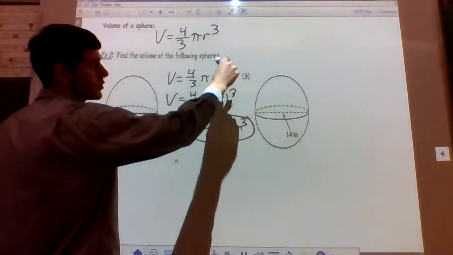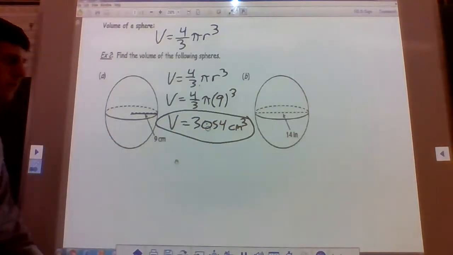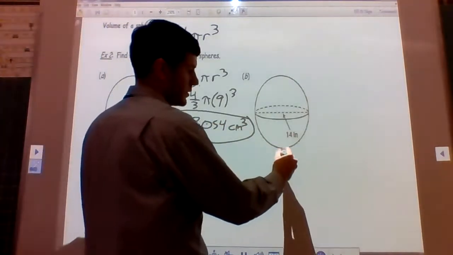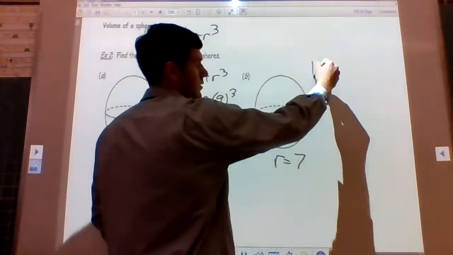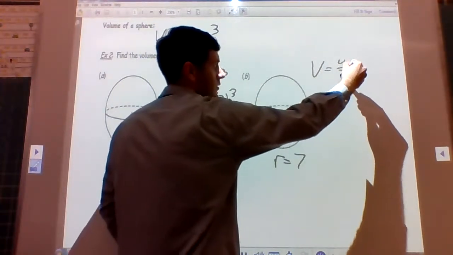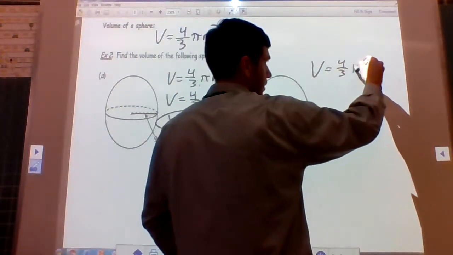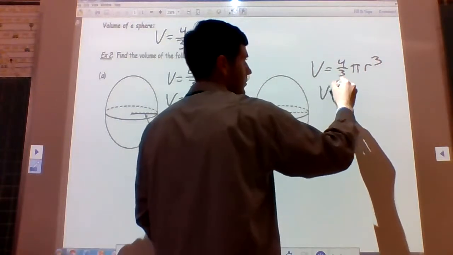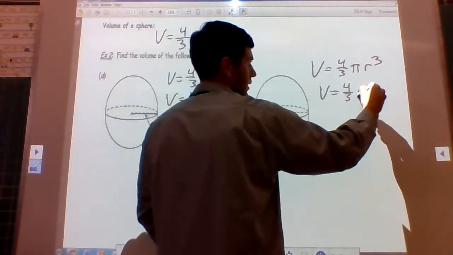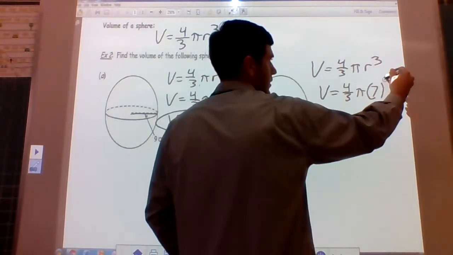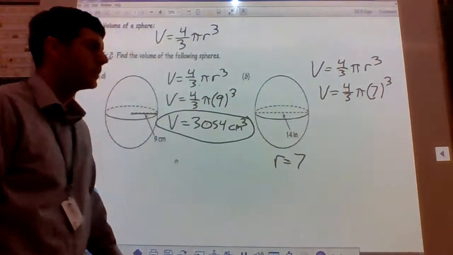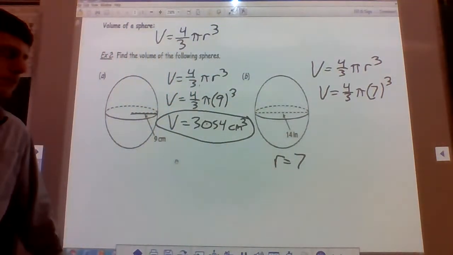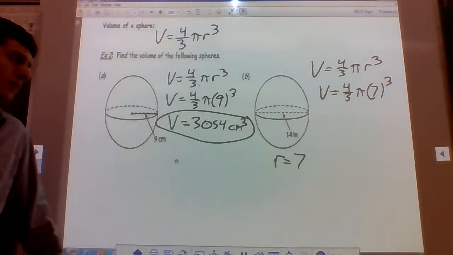Okay, surface area was squared. These are cubed. Okay, here again, the radius was 7. It was half the diameter. So we had volume equals 4/3 pi r cubed. So volume is 4/3 pi times 7 cubed. 7 cubed is probably 343.